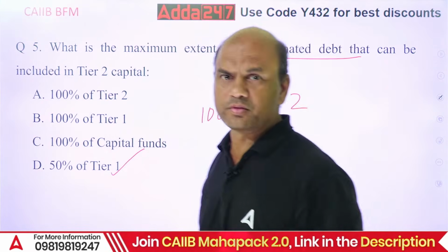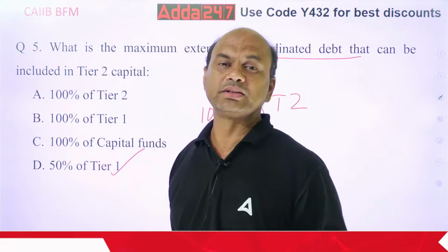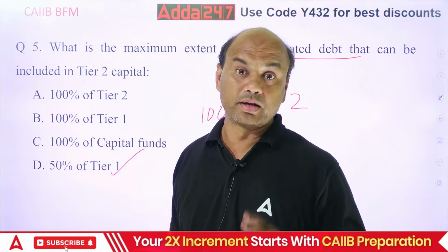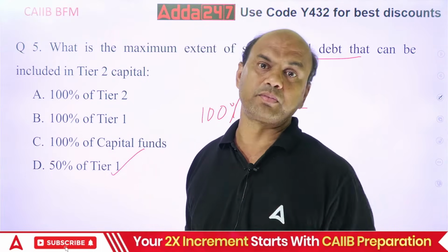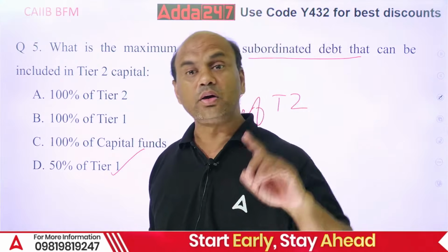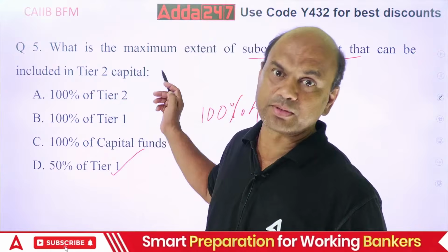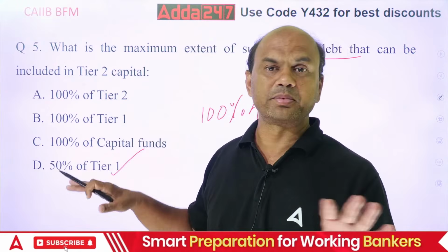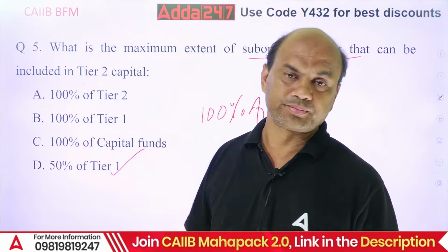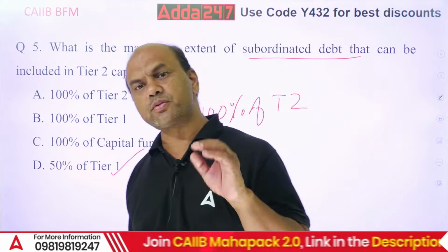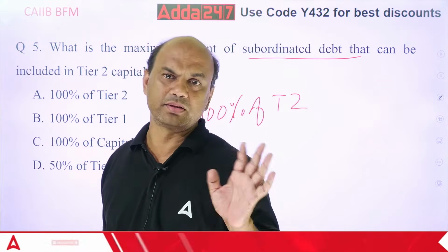There are 2 points you have to always remember for tier 2 capital. One is the loss and contingency reserve at 1.25%, and second is subordinated debt at 100% of tier 2. These 2 points you have to learn by heart. There is no other option.